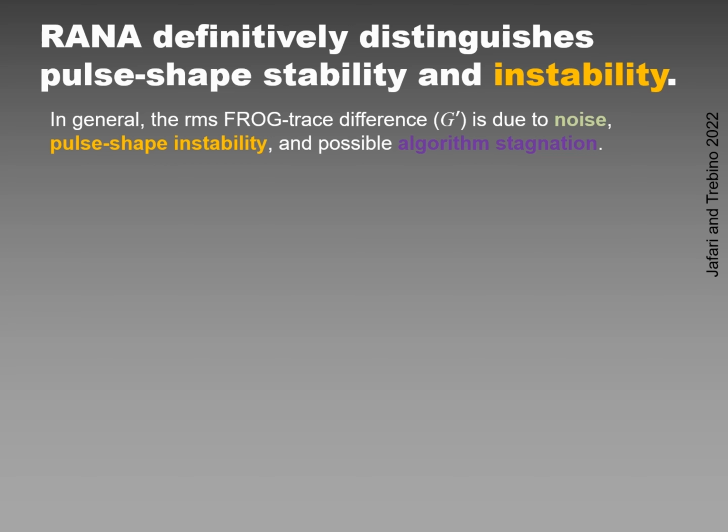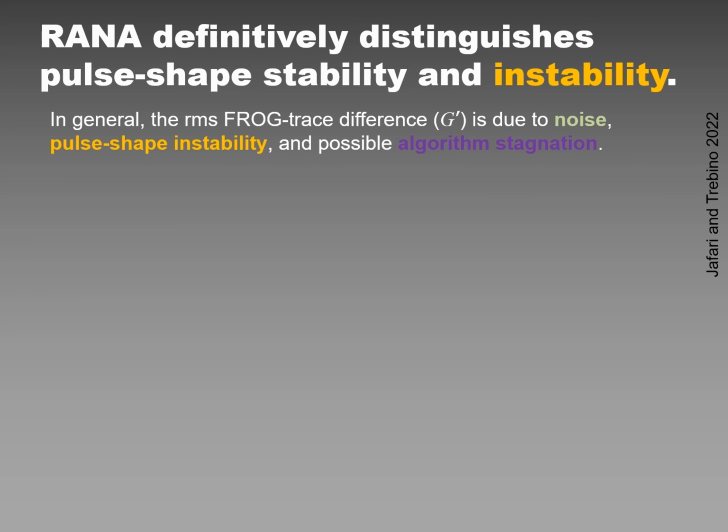And before RANA, previous FROG algorithms often failed to converge, even for stable pulse trains. And it's not even initially clear what convergence actually means when the always confusing coherent artifact distorts the measured trace, and it doesn't actually correspond to a single pulse. In which case, even in the absence of noise, there will be discrepancies between measured and retrieved traces, a quantity we call G'.